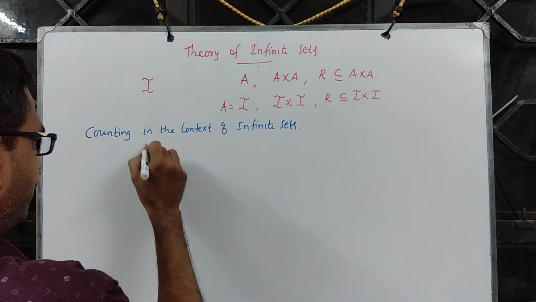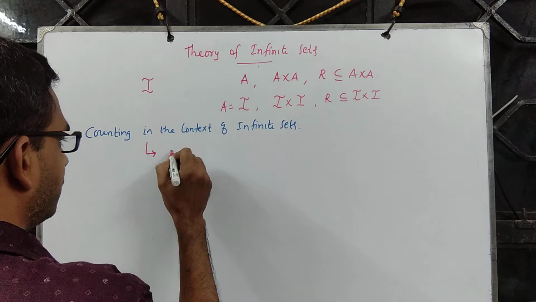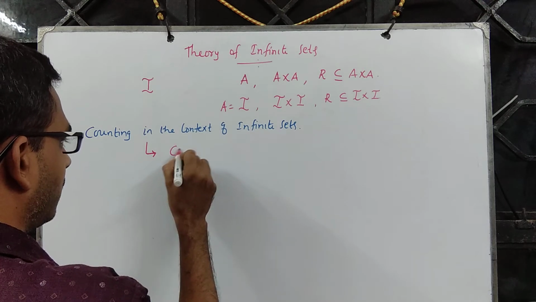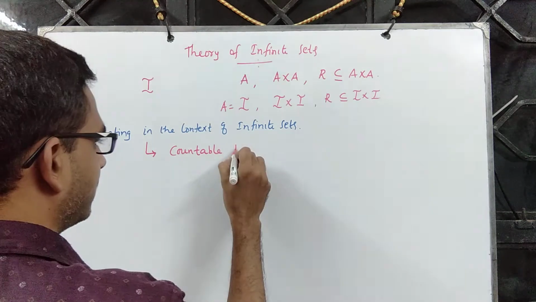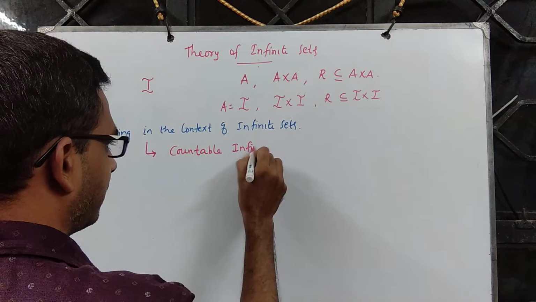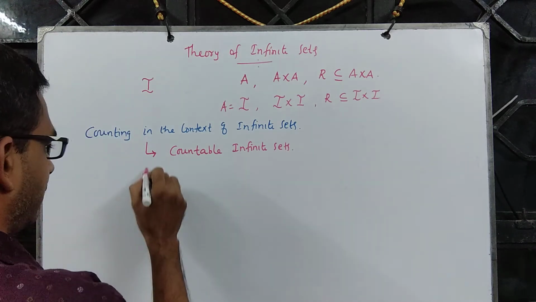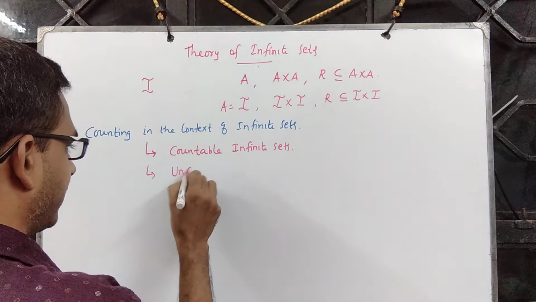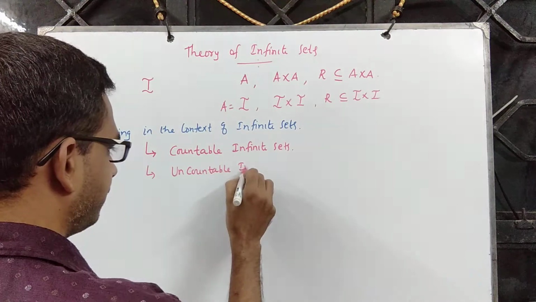So here is a way to look at this concept. We talk about something called countable sets or countable infinite sets. We also talk about something called uncountable infinite sets.